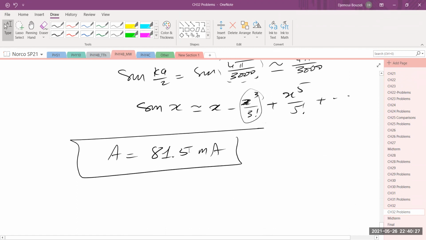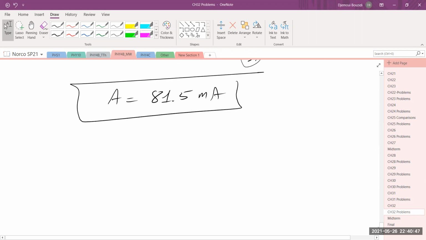And the current, as expected, should not be too high. If you find an amp, that's too much of a current actually. 2 amps is a huge current. 50 amps is disastrous. When the phone doesn't have 50 amps in it, you don't want that much current in the circuit.